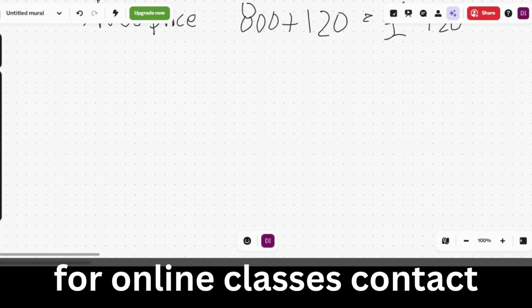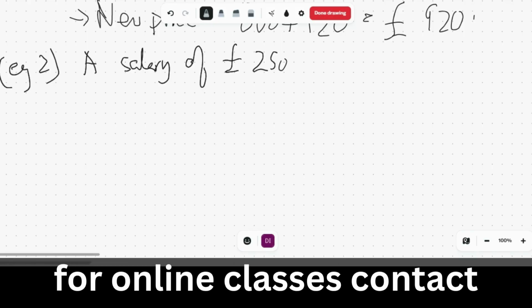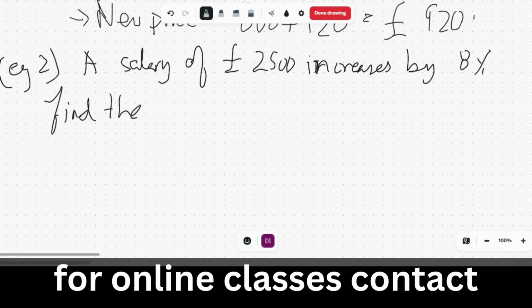Now we will do one more example, example 2. A salary of 2500 increases by 8%. Find the new salary.